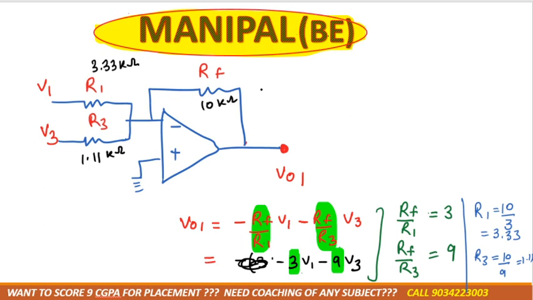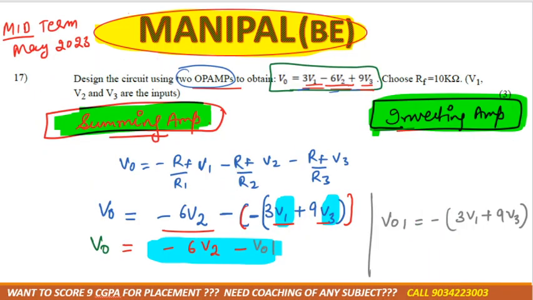Okay, now tell me, any problem? But this is not our complete circuit. This is just what we have drawn for V01, correct? Now again we need to draw the adder, right? Because it is the combination of V2 and V01.